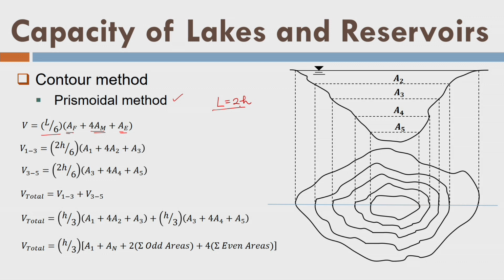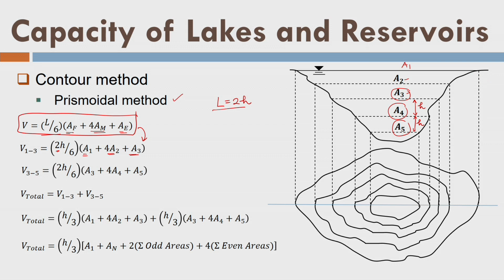So, now I use this formula, and there I put L equal to 2h, and then let us say there are 3 areas, A1, A2, A3. So, I put A1 plus 4A2 plus A3 by this formula here, fine, and then 2h by 6. Similarly, when I consider 3, 4 and 5 sections, this is my h, this is also h here, fine.